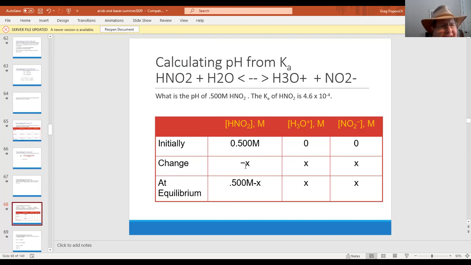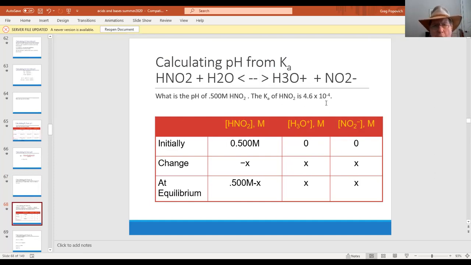I have a negative X for the nitrous acid because these two came from it and it's a 1-to-1 relationship. So at equilibrium, I have 0.500 molar minus X of my nitrous acid, and X of my H3O and X of my NO2.